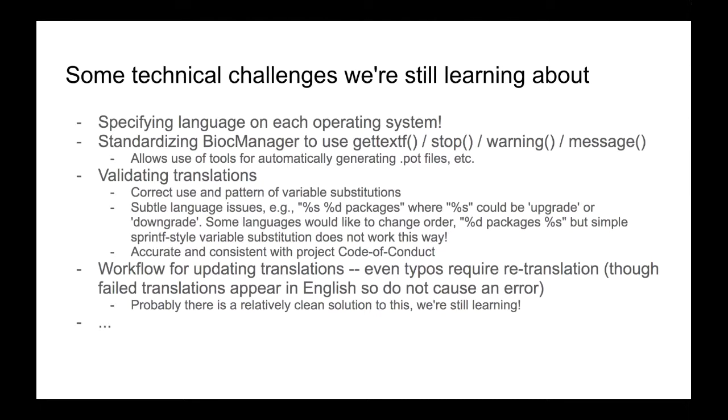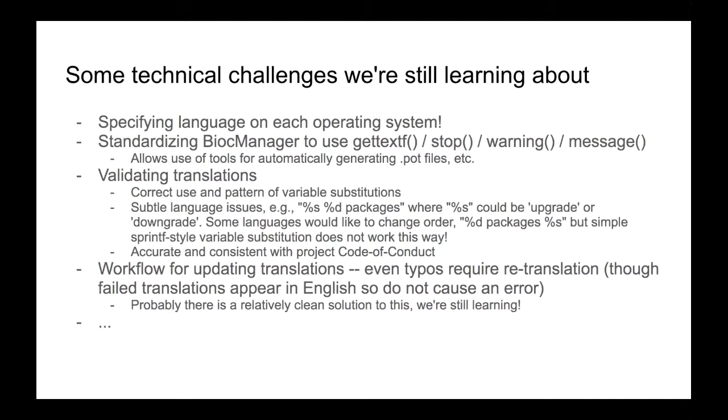And you have to have exactly the right number of %s's and %d's, and so on. And then there are some subtle language issues. Like in BiocManager, there's a string that says %s %d packages. And %s is upgrade or downgrade. So it says upgrade 5 packages or downgrade 5 packages.